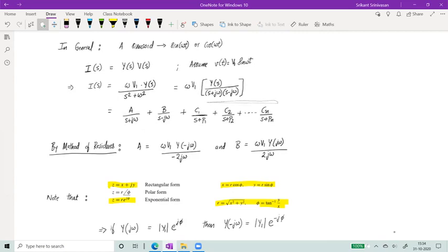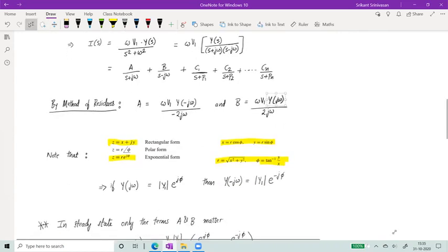I said all of these other terms are neglected because they are going to exponentially decay. I'm only interested in the A and B terms. For the A term, I have omega into V1 by minus 2j omega, which are all constants, into Y of minus j omega, and in the second case, it's Y of plus j omega. So these are the only two unknowns left that I have to solve, right?